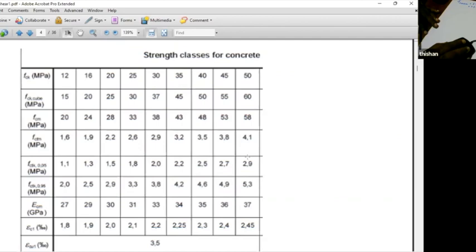Just to have some value in our database, we can say a tensile stress of about 2.5 may be okay.